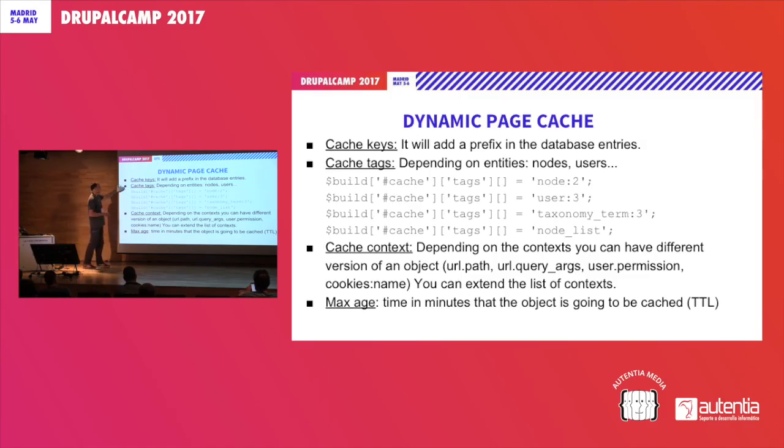This is the cache tags that are depending on the entity, so on the content of the site. And it works like this. You can add an array that is going to be the entity type and the ID of the entity.